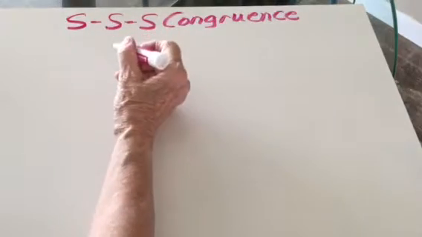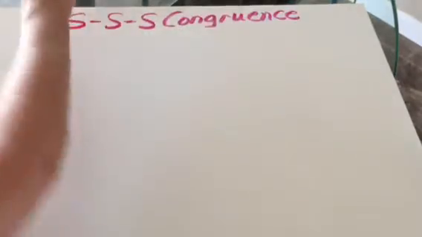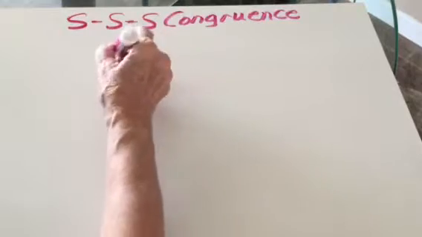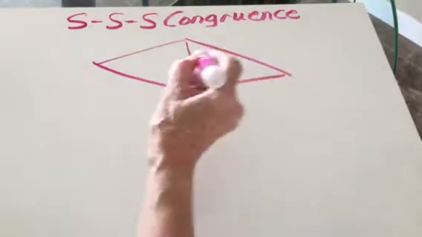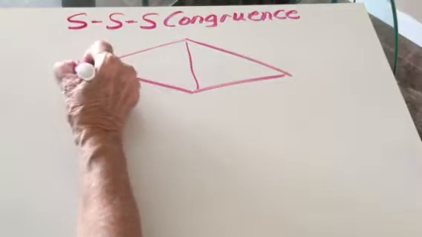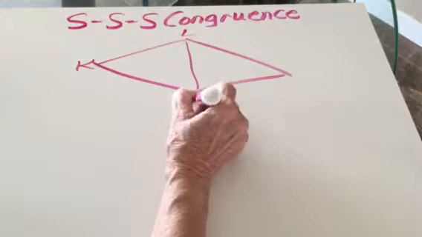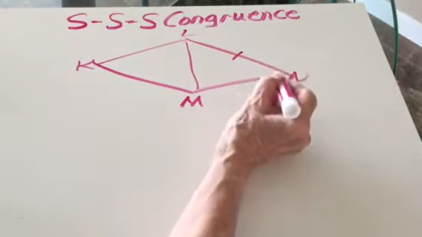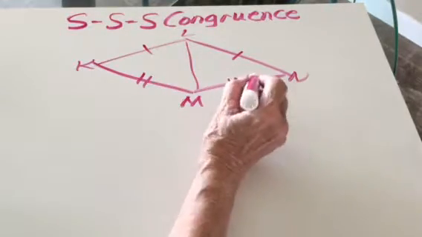All right, so I have a triangle that looks like this, and we'll call it K, L, M, N. We're going to put a tick mark there and a tick mark there, 2 of them here and 2 of them here.